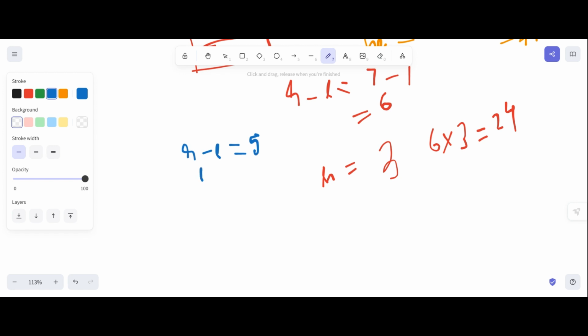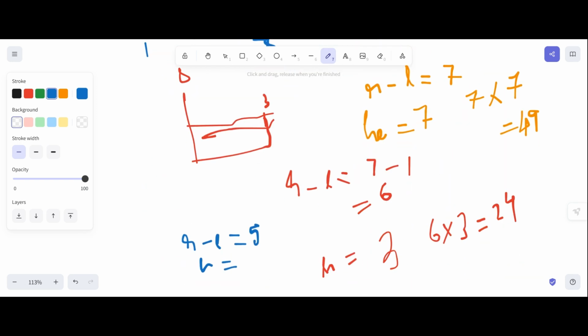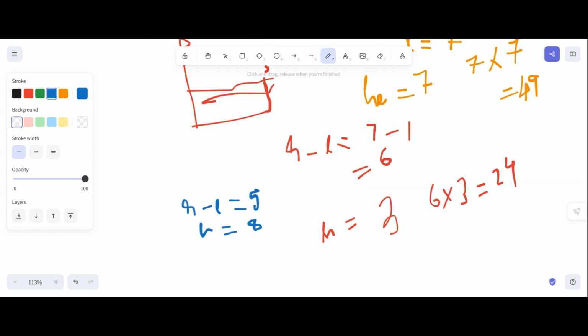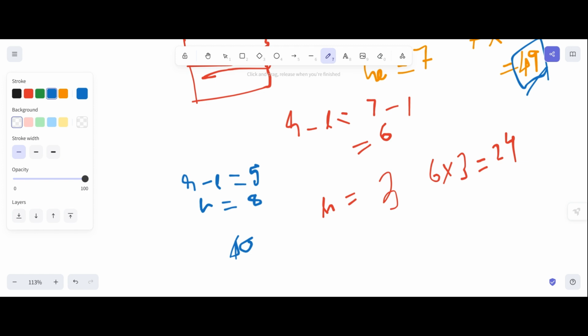And the height is the minimum. So with 8 and 8, 8 will be the minimum. Now when I do 5 into 8, I get 40. 40 is not greater than 49, so 49 is still the maximum area we have found.